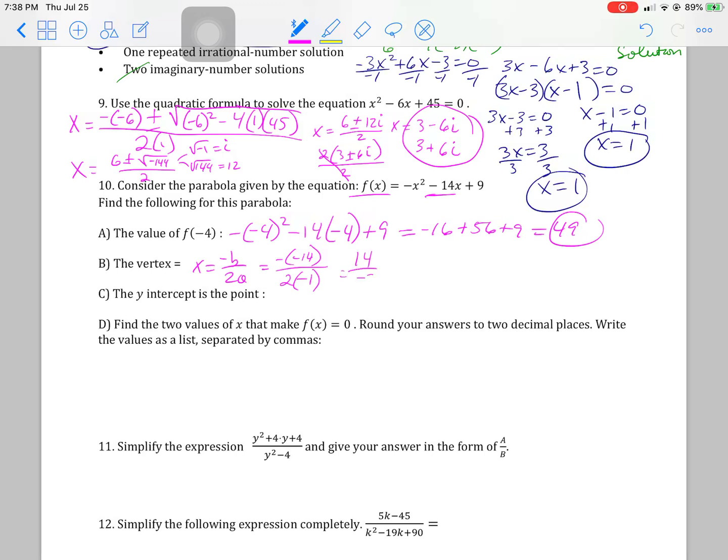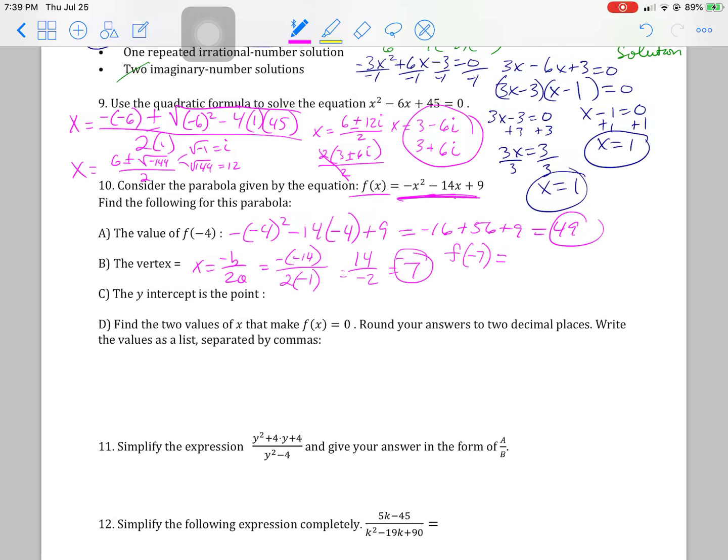So 14 over negative 2 is going to give you a negative 7. That is one part of the vertex, just the x part. We need the y part. We need to say when x is negative 7, what is y? So in function notation, that looks like that.